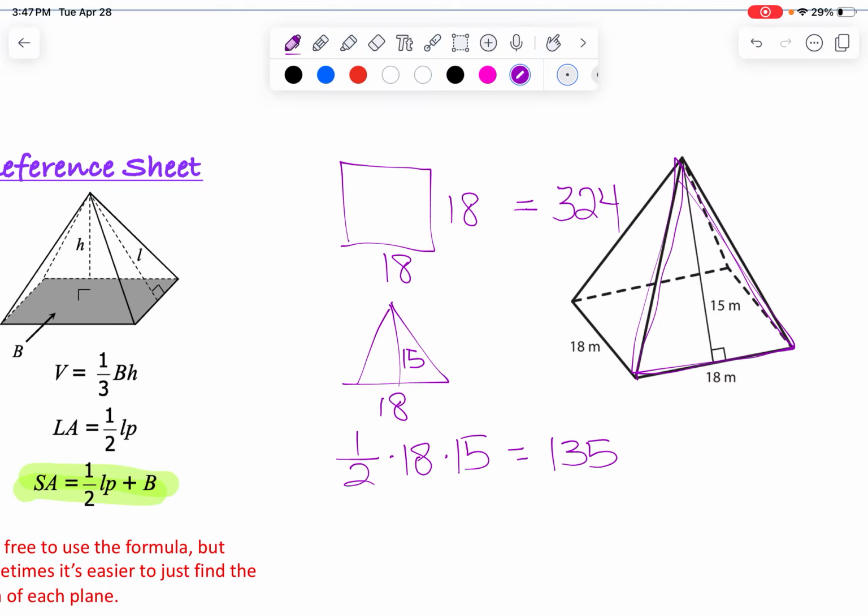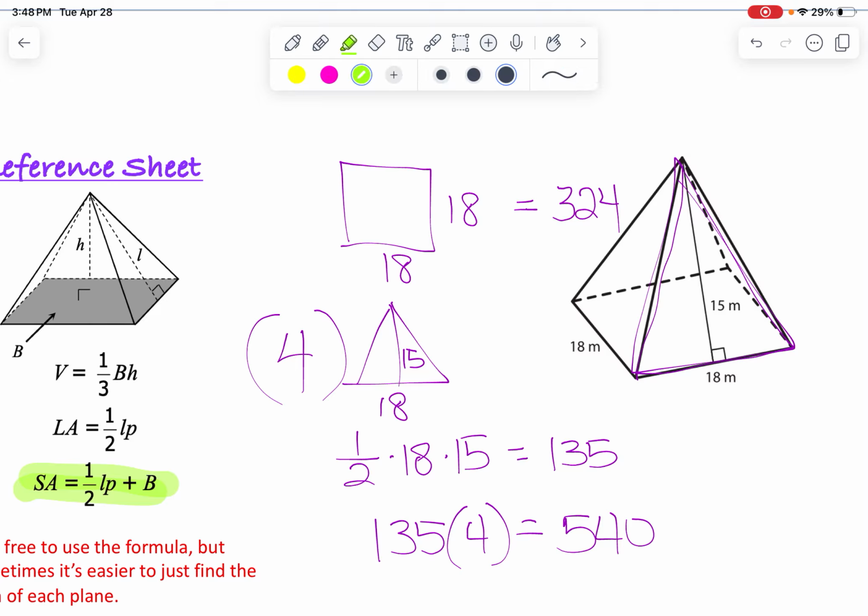Now that's for one of them. On here you can see I would have 4 triangles, so I'm really just doing 4 of these. I'm going to take 135 times 4, which would give me 540. Really what I want to do is take this answer and this answer and add them together.